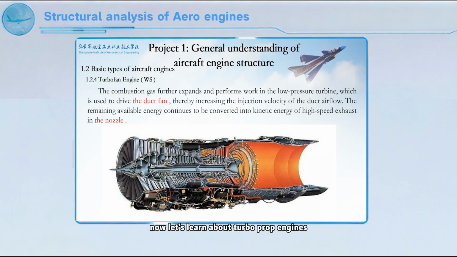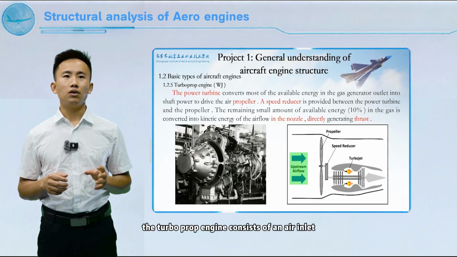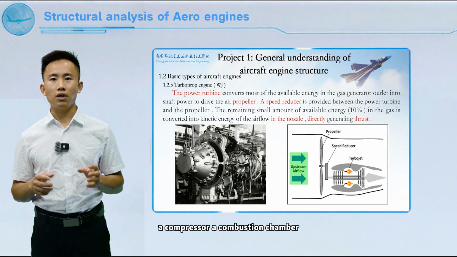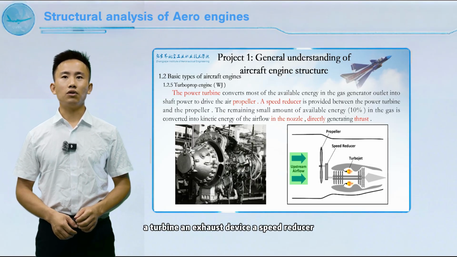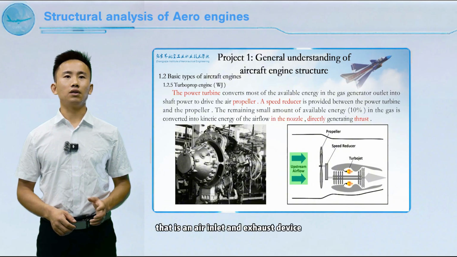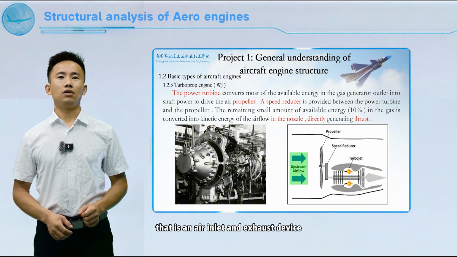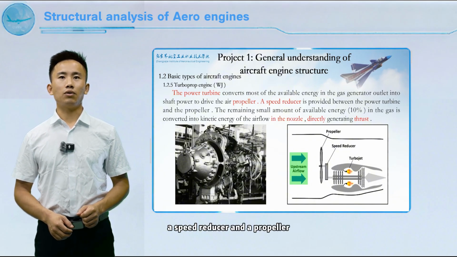Now let us learn about turboprop engines and turboshaft engines. The turboprop engine consists of an air inlet, a compressor, a combustion chamber, a turbine, an exhaust device, a speed reducer, and a propeller. That is, an air inlet, an exhaust device, a speed reducer, and a propeller are added to the gas generator.